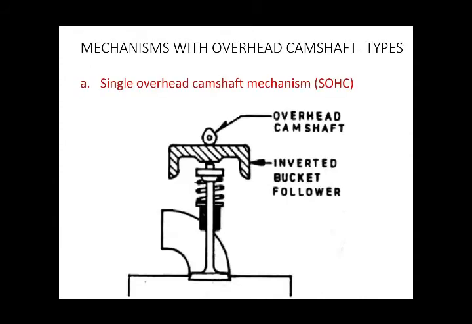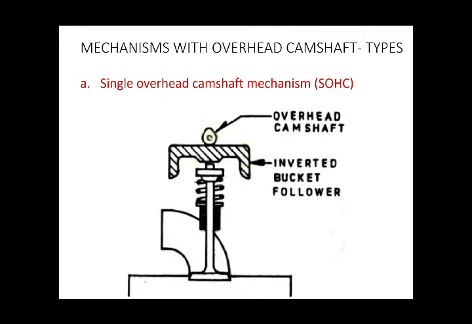Now let us look at the different types of overhead camshaft system. The first one is the single overhead camshaft mechanism. It is commonly known by the short form SOHC, single overhead camshaft. You can see the diagram here, how the mechanism is. The follower is of an inverted type.